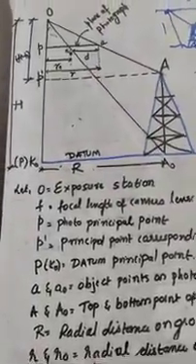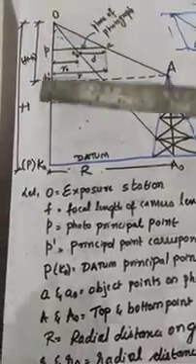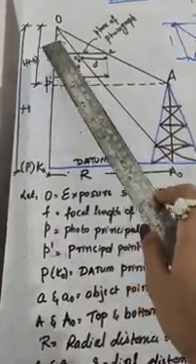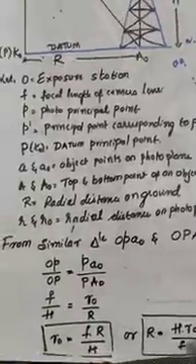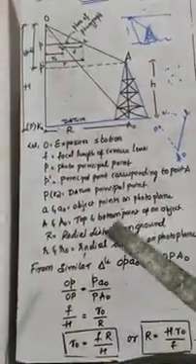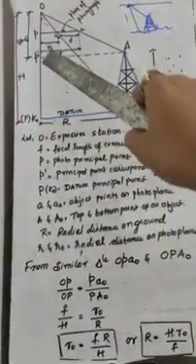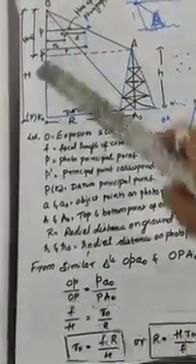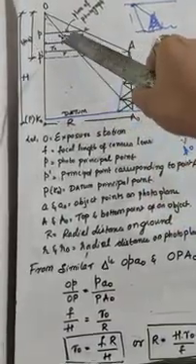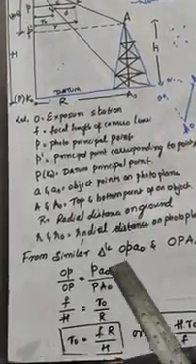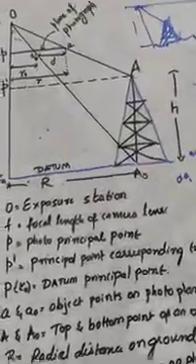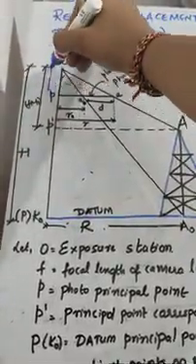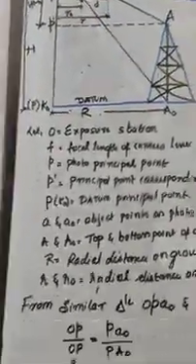According to similar triangles, we can write Op by OP, that is, O small p by O capital P, equals p small a0 divided by capital P capital A0. According to the diagram, I have not mentioned this here: the distance Op is taken as the focal length.